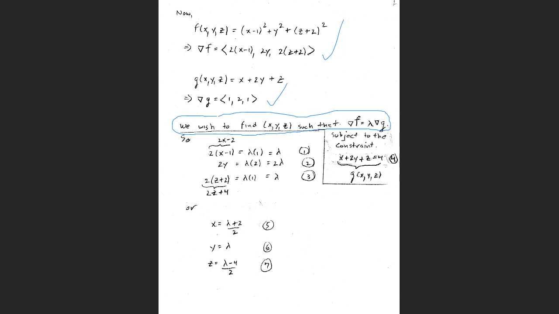Now let me ask you, how many unknowns are we dealing with when we have the gradient of f equals lambda times the gradient of g? How many variables are there? What are our variables? We have x, we have y, we have z. Is there anything else?